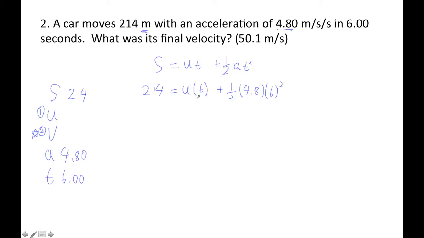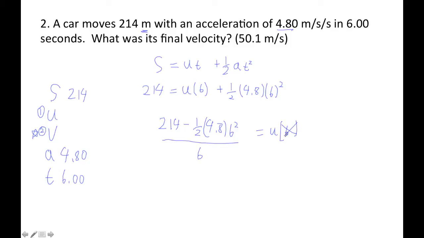I'm going to set this thing up here, and if I solve that for u, I'm going to go 214 minus 1/2, 4.8 times 6 squared, and that equals u times 6, and then we divide by 6, don't we?